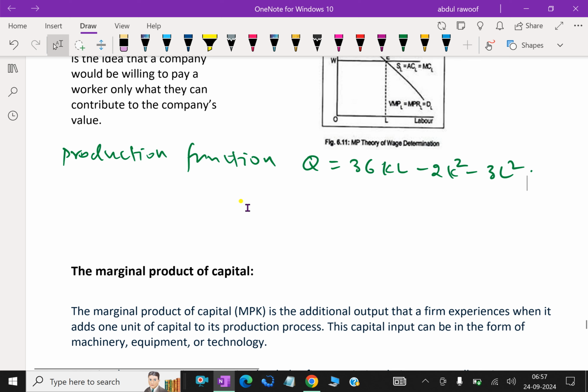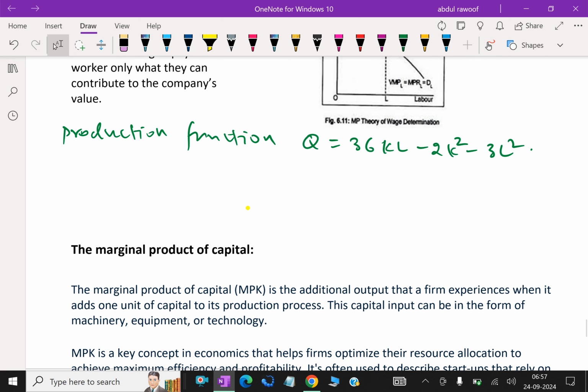Suppose MPK, the marginal product of capital, is measured by taking the partial derivative: MPK equals partial derivative of Q over partial derivative of K. Here K is a variable and L is constant, so that is 36L, and the derivative of 2K square is minus 4K.